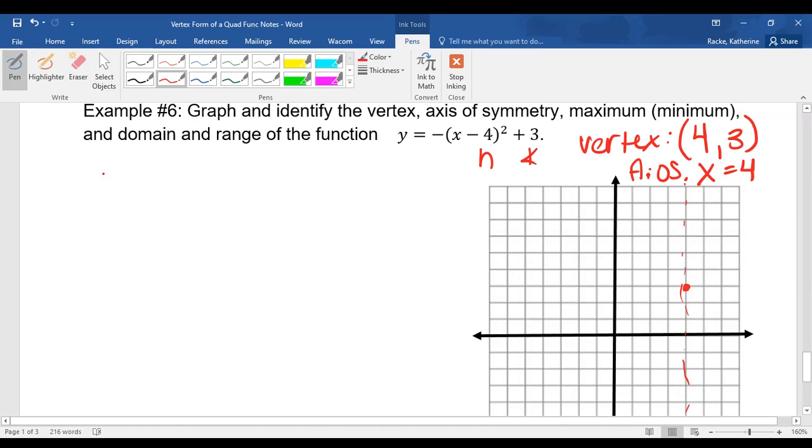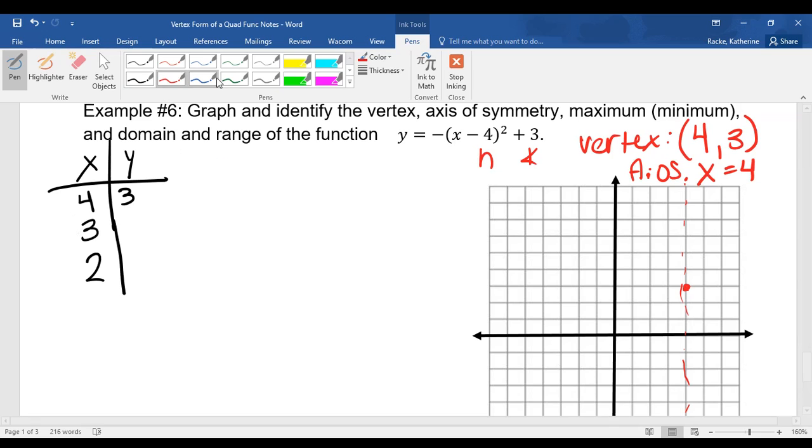Now let's go ahead and make a table. Find some other points. We're going to start with our vertex, the point 4, 3, and then we're going to do 2 less than that, so 3 and 2. Let's plug in our x equals 3. So y equals negative (3 minus 4) squared plus 3.